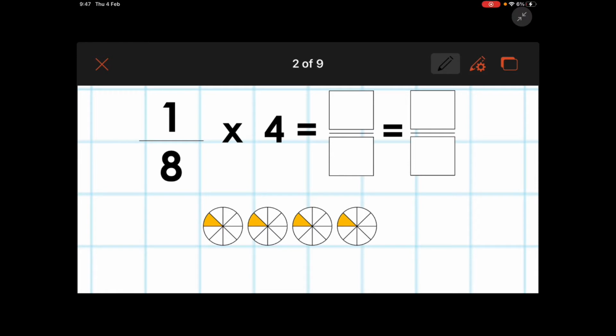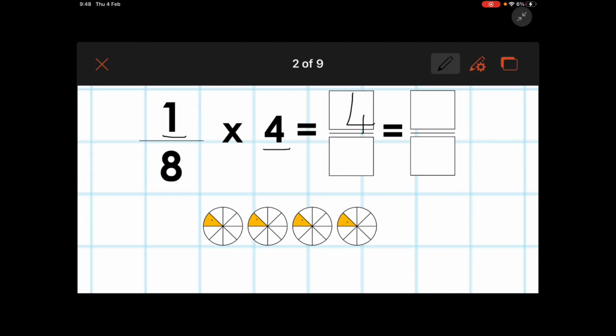So if we go ahead and we count the 1, 2, 3, 4 coloured sections of each representation, you will see that we have 4. And if we just check, 1 multiplied by 4 is 4.